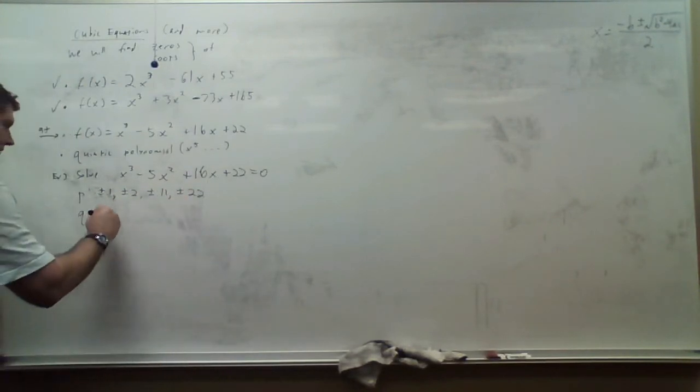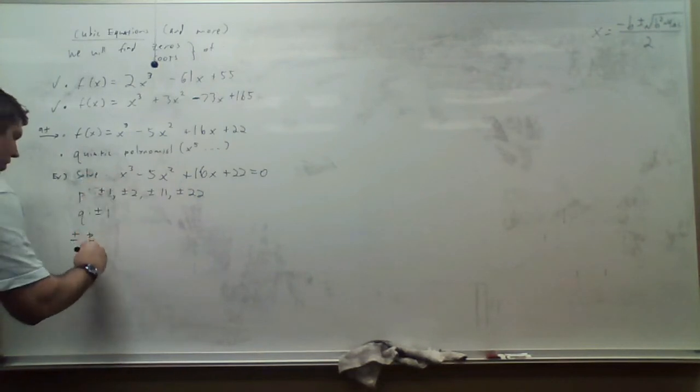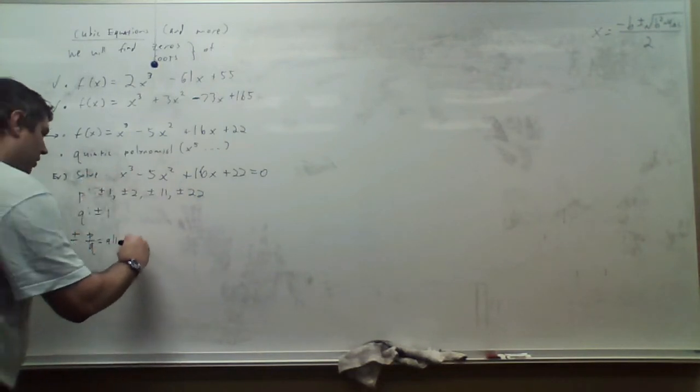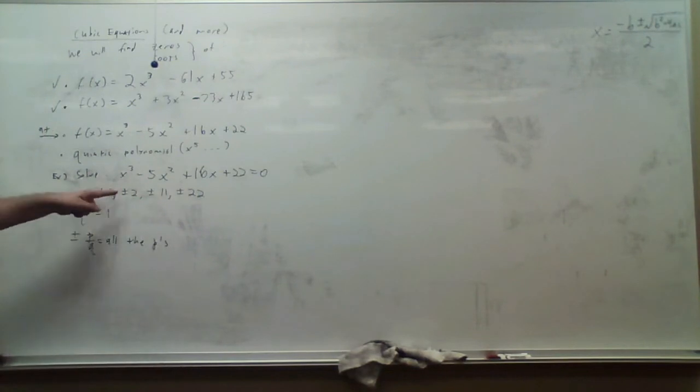Q is all my factors of the lead coefficient 1. So plus or minus P over Q is all the P's. Since 1 divided by 1 is 1, 2 divided by 1 is 2, plus or minus 1 divided by 1 is plus or minus 1, plus or minus 2 divided by 1 is plus or minus 2, and so on. Division by 1 doesn't change anything.